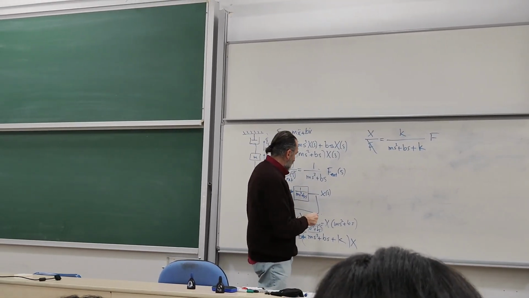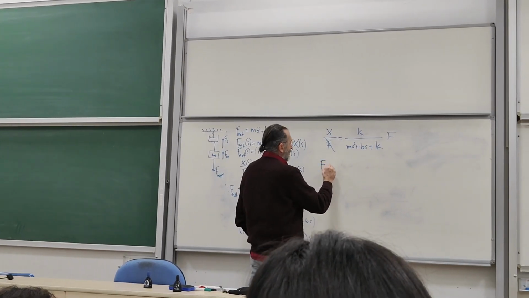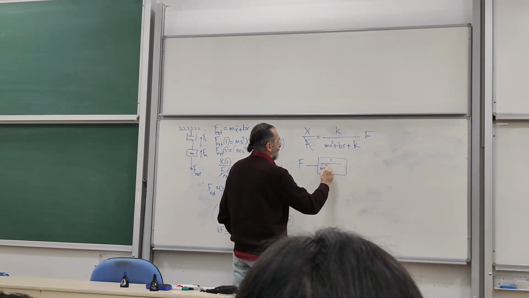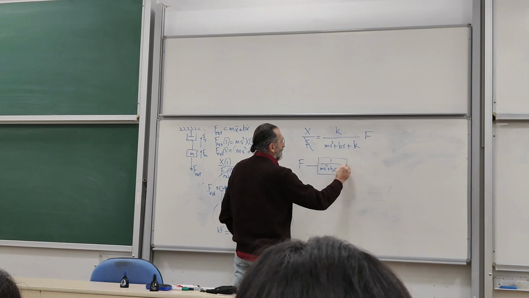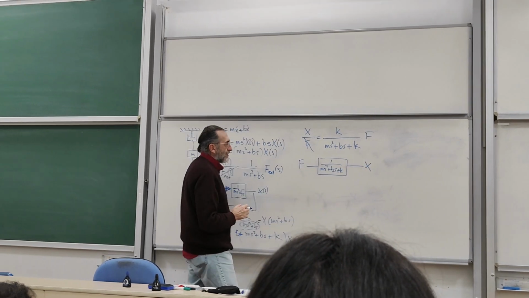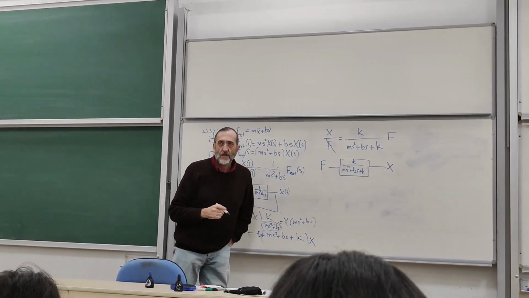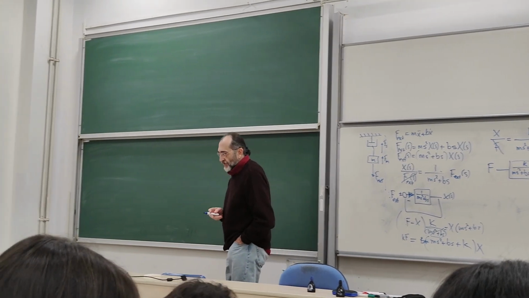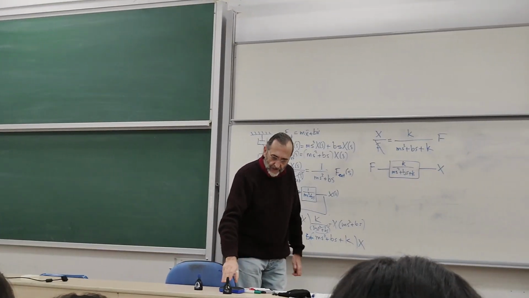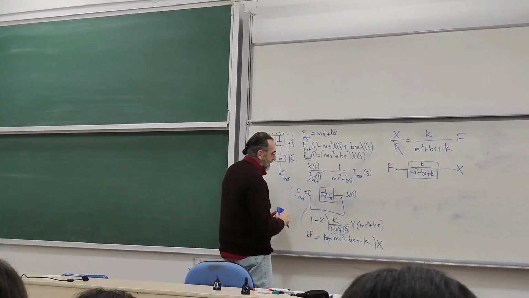So the closed loop transfer function of the system turns into F going into 1 over m s squared plus d s plus K, and comes now X. Alright, is that okay? We put the K not as the amplification factor here, but here, which made all the difference.